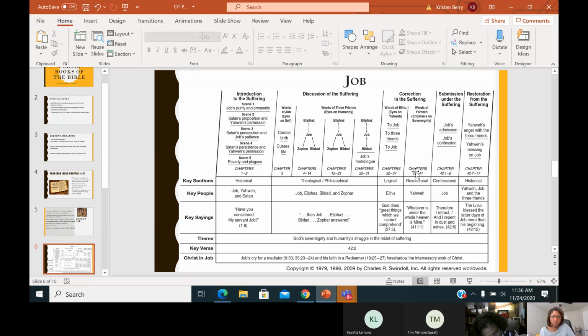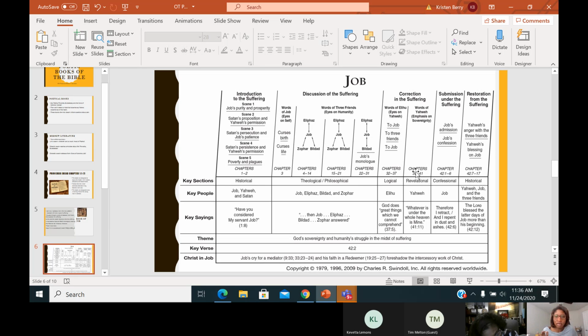You'll see some of this on the screen. The next part, the Lord speaks in chapters 38 to 41. Job makes a confession in chapter 42. And then watch this word: there is an epilogue at the end of the book.